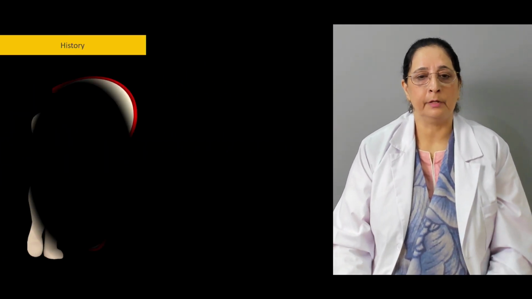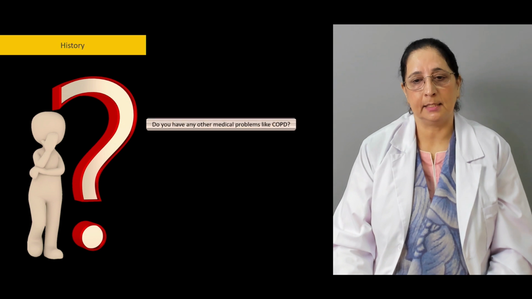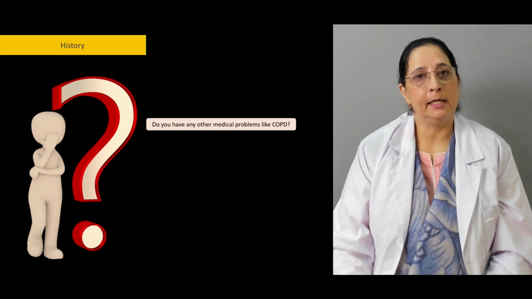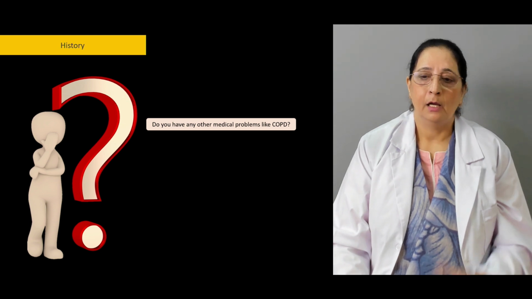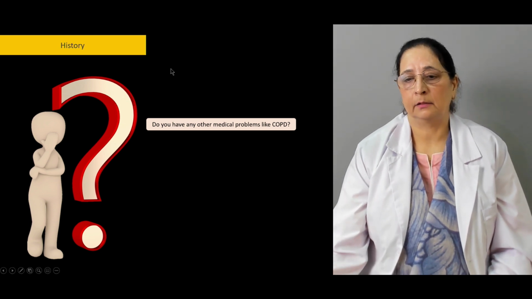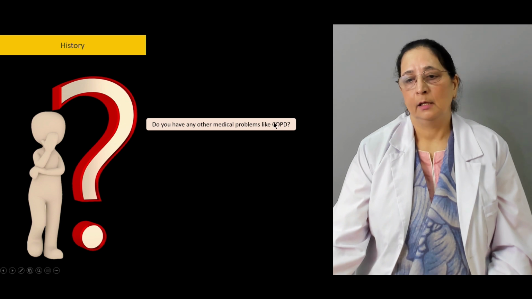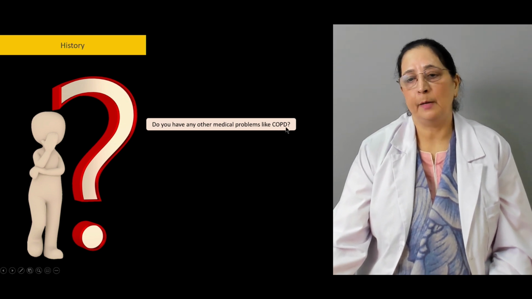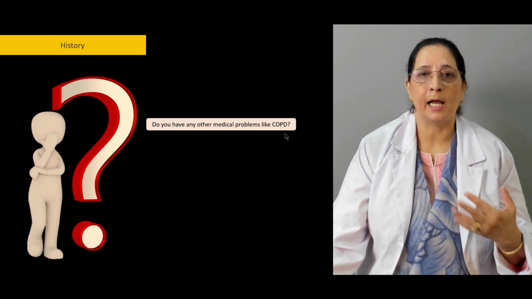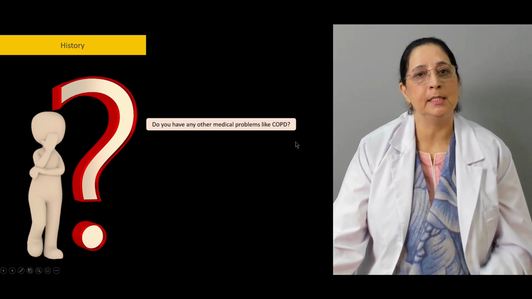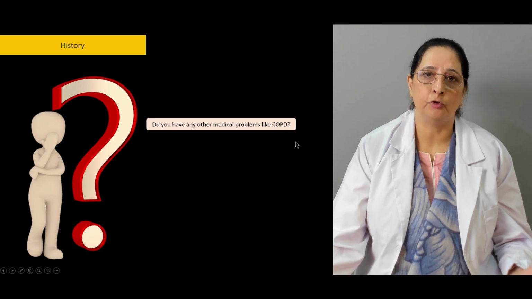Next, what else should we ask? Do you have any other medical problem like COPD, chronic obstructive pulmonary disease? A lot of people who are smokers develop COPD and they can have these issues also.